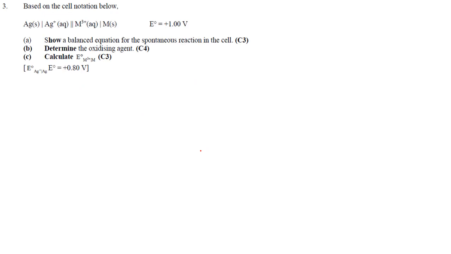Okay, alright. Okay, this one dia bagi cell notation. Okay, so kita dah belajar lah before this cell notation. Semalam saya dah explain dalam video kuliah lah. Okay, so dekat sebelah kiri ni adalah kita punya anode. Kita punya anode, okay, dia undergoes oxidation. Okay, kita punya electrode, silver electrode, dia undergoes oxidation, dapat silver ion.